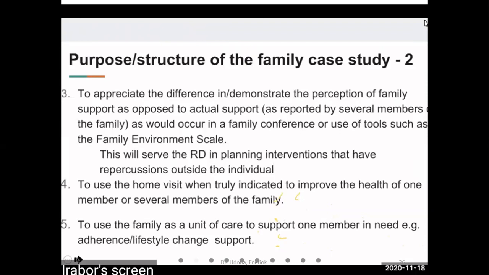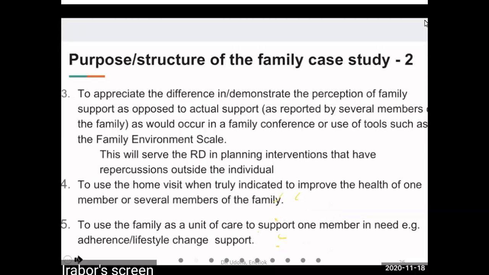You must actually assess the actual support of the family members. Maybe when you're having family conferencing, or maybe a home visit, or using some tools like the family environment scale tools, which are not really used in practice, but can be used.